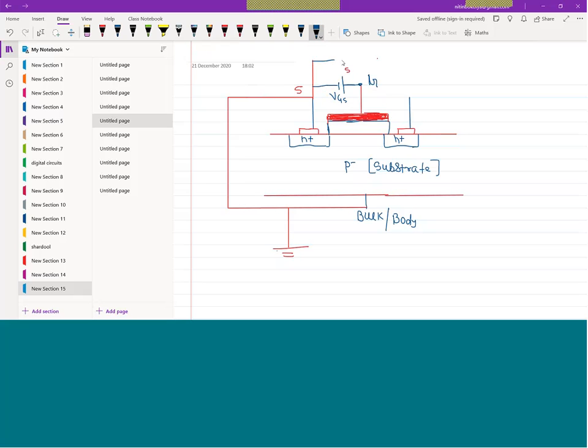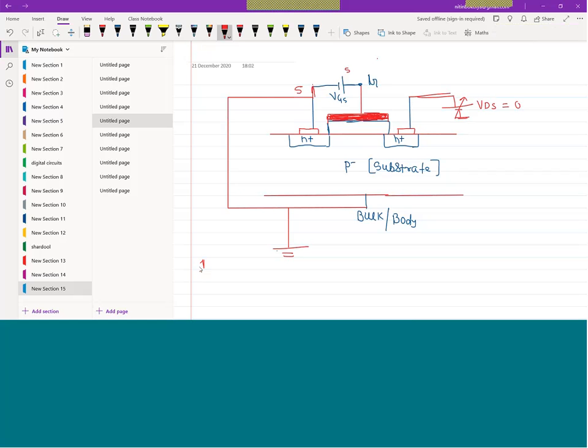And one more voltage we are having is VDS, with respect to the source only, so another voltage is VDS, with ground here. So when we increase VGS, first we want to see the effect of VGS on the MOSFET.